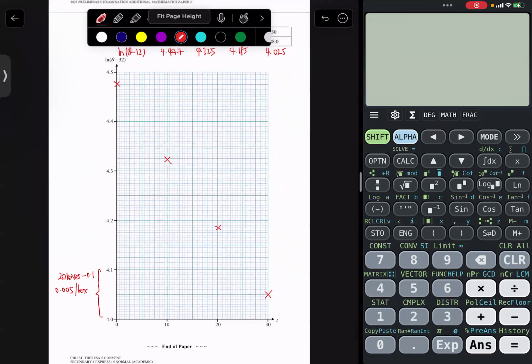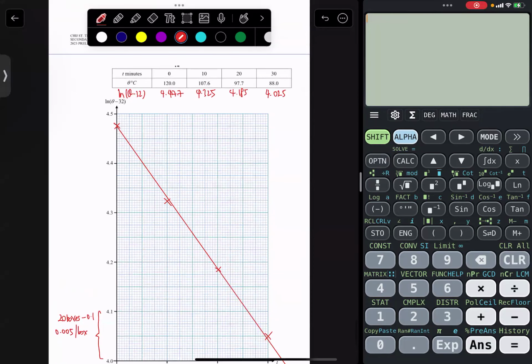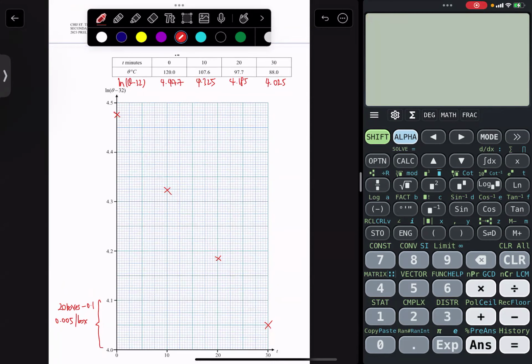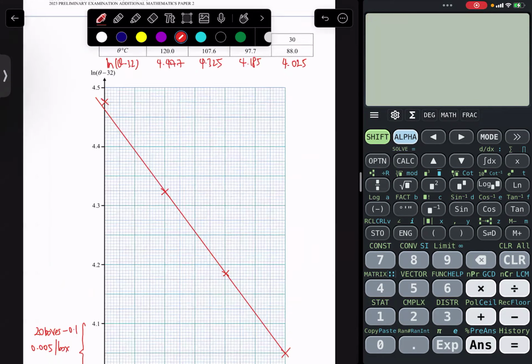Okay, so then we have 4.477. That's 5 blocks.